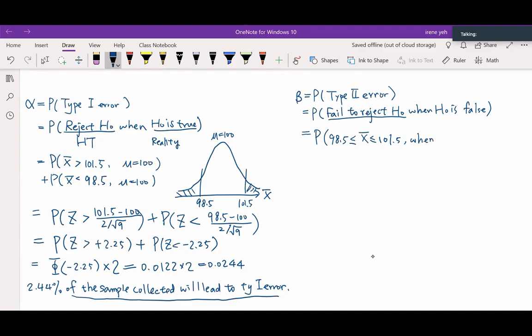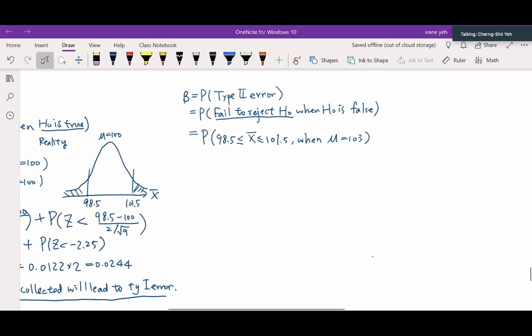When what is my true population mean? My true population mean is 103. Okay, so let's sketch it.